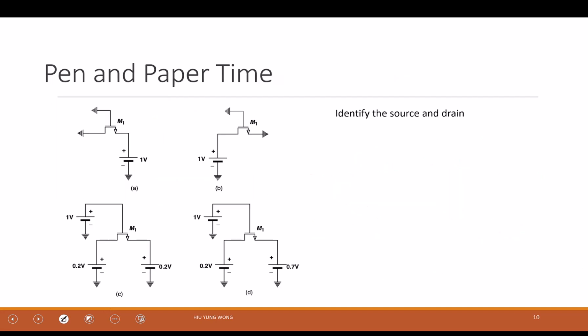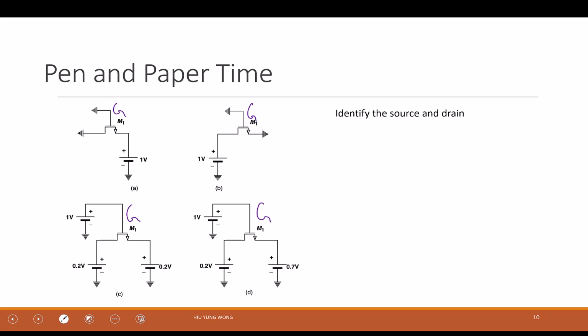So let me test you, to see if you understand what I said. I have 4 circuits. On the top left, which one is source and which one is drain? Let me start. First I need to identify if it is an NMOS or a PMOS. Because the arrow points in this direction, I know it is NMOS.